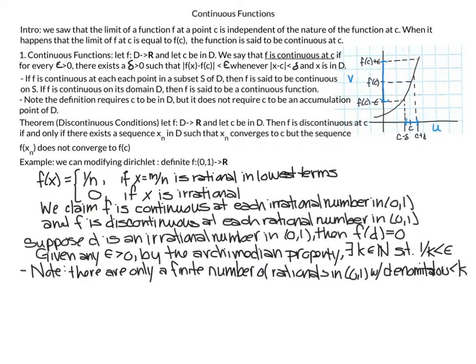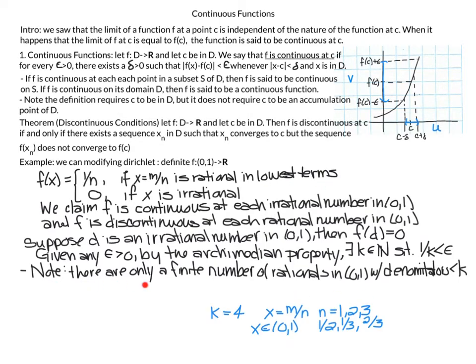The second note is that, because we're considering rational numbers, there are only a finite number of rationals in the interval 0, 1 with denominator less than k, once you have your fraction in lowest terms.